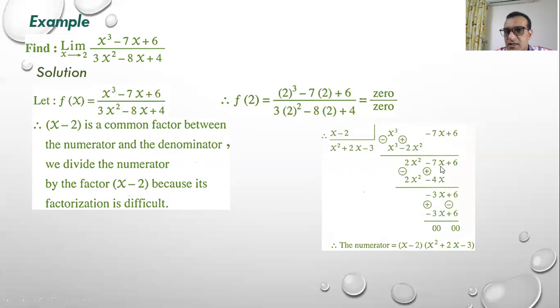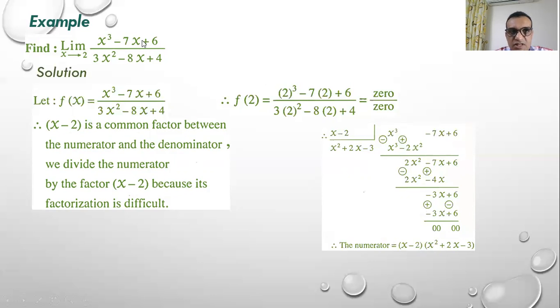Negative 7x plus 4x equal negative 3x, plus 6, and we repeat this division. Negative 3x divided by x equal negative 3, and multiply negative 3 by x equal negative 3x, negative 3 multiply negative 2 equal 6, and it changes the sign, and by adding we get 0.